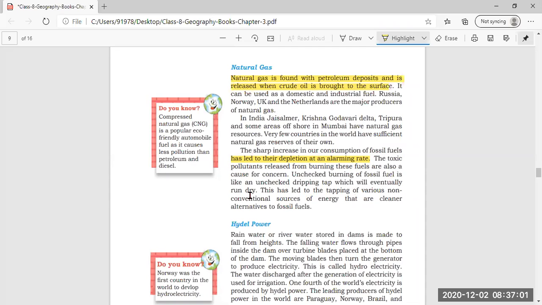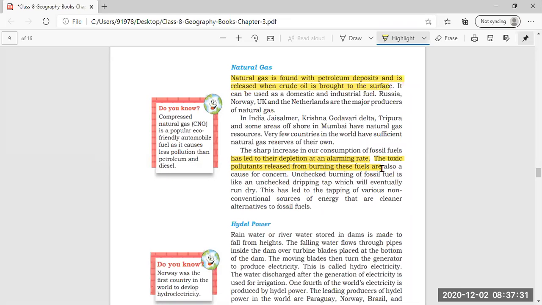The toxic pollutants released from burning these fuels are also a cause for concern. Toxic means poisonous pollutants, and they are released from burning these fossil fuels. When coal and firewood are burnt, they release a type of toxic, poisonous pollutants in the air.